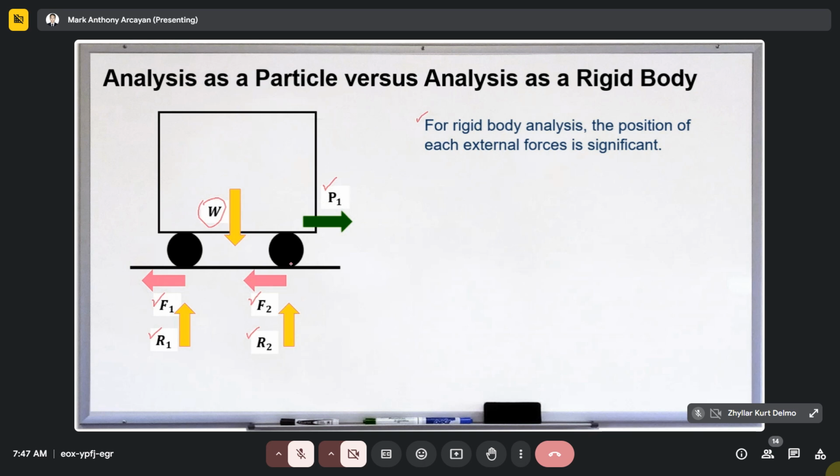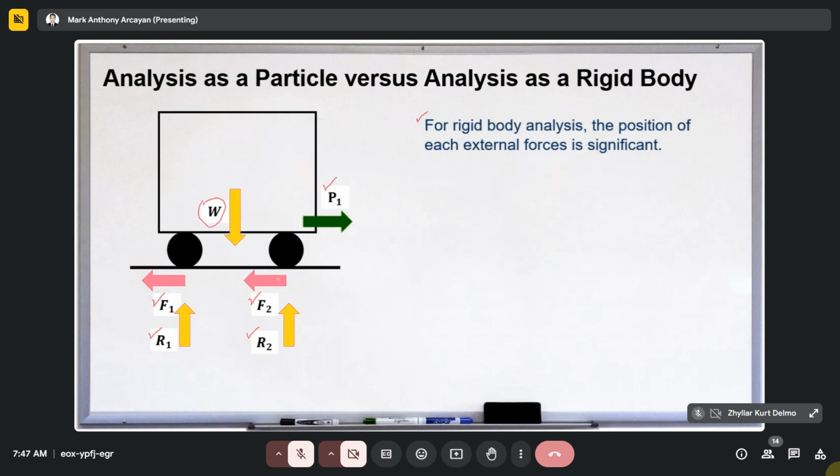Now, the first step when we do analysis as a rigid body is that we indicate the external forces, and we want to highlight the position of each of these external forces because it is very significant later.